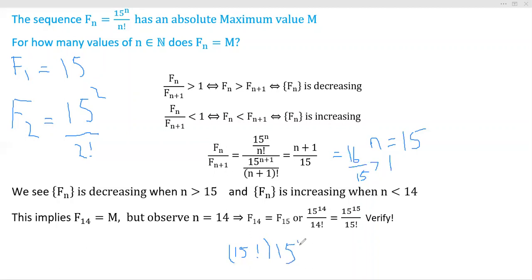And I'll just put a question mark above the equal sign because we're checking, really, right? Now you could subtract these from each other and you get 0 as well. That's another approach too. So what I did is I did 15 factorial times this, and I'm going to bring this guy up here, that's cross multiplying, a condition for equality for fractions. So what you get here is 14 factorial times 15 to the 15th, excuse me.